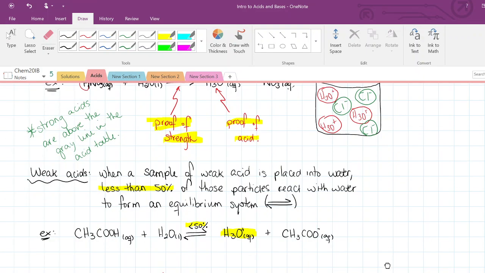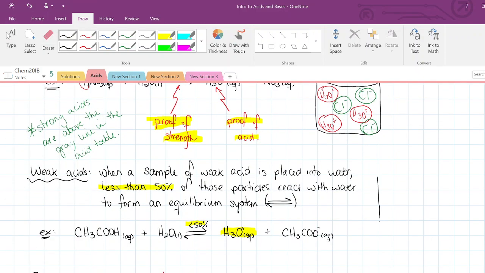In the next example here, the big difference is that less than 50% of what goes in actually becomes ions. So yes, we're going to have H3O+.